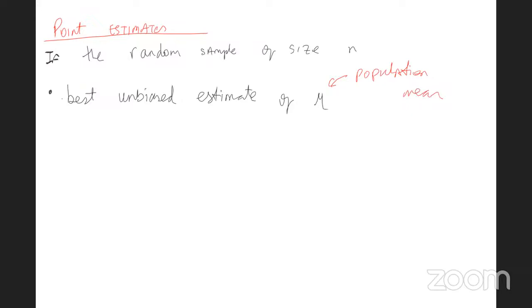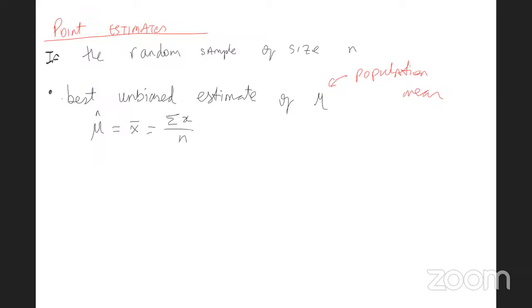The best estimate for the population mean, we write it as mu with a little hat on top, is equal to x bar, the sum of x all over n. If they ask you to obtain that point estimate, that's what you're doing. That's the best unbiased estimate for mu.